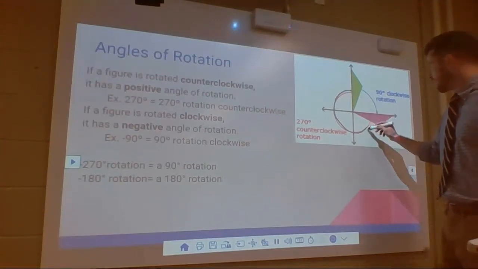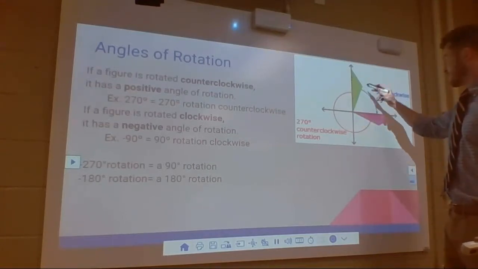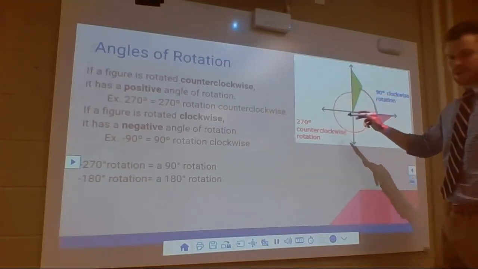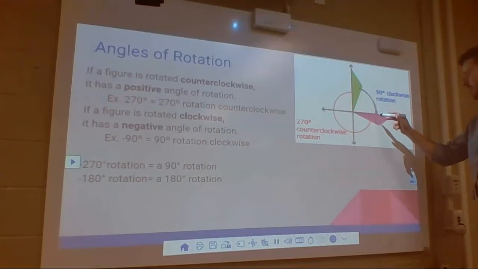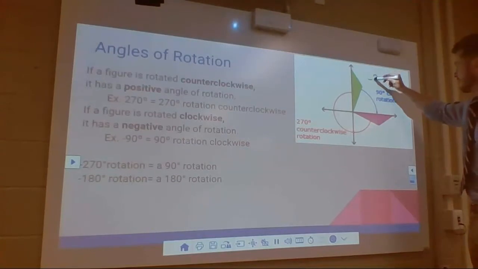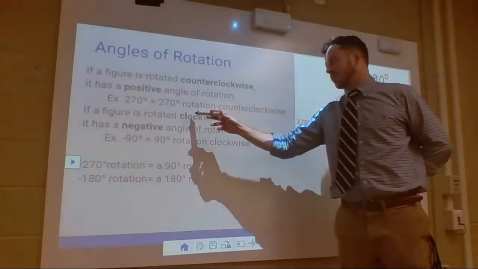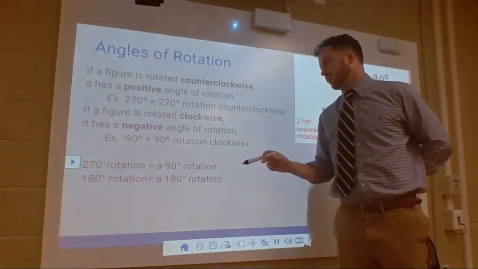Now, if we went the other direction, if this green triangle went in the clockwise direction 90 degrees, it would still end up in the same spot as that 270 degree rotation. It would go 90 degrees clockwise and land on that purplish pinkish triangle. So we would actually call this a negative 90 degree rotation because if it goes clockwise, it has a negative angle of rotation.